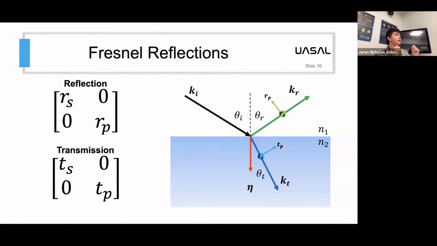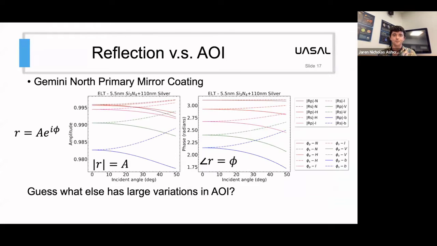We need to track the complex amplitude coefficients of both the reflected path, the green in the top right, and the transmitted path, which is the blue in the bottom right. We can configure a Jones matrix that contains the complex amplitude coefficients for each of these paths very simply by arranging them on the diagonal. So we can describe a large variety of light-matter interactions just with Jones matrices.